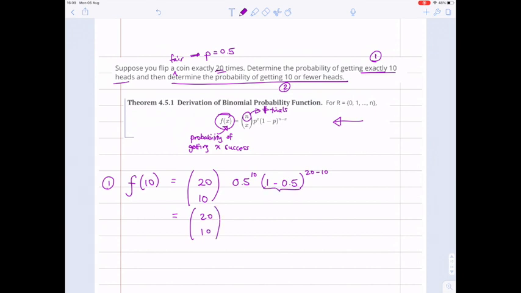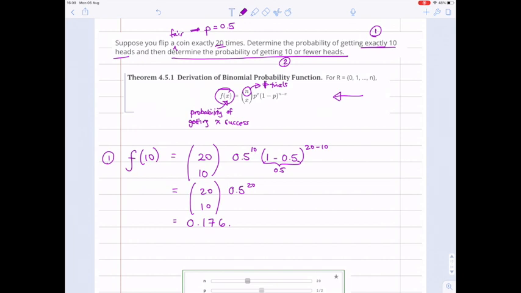Now, this is actually 0.5. So we've got 0.5 to the 10 times 0.5 to the 10, which is really just 0.5 to the 20. And if you work it out, that's 0.176. So if you flip a coin exactly 20 times, the probability that you will get exactly 10 heads is 0.176.